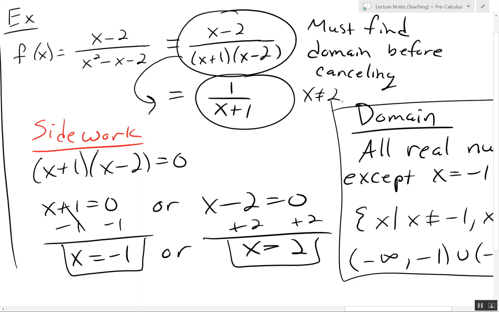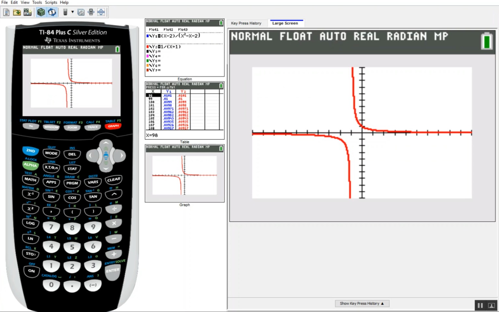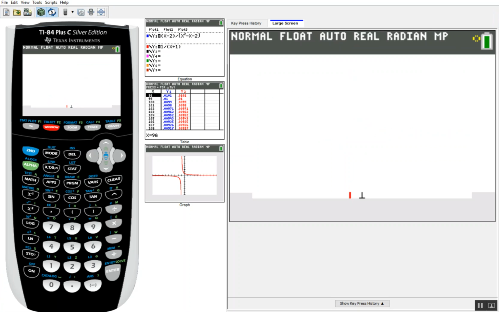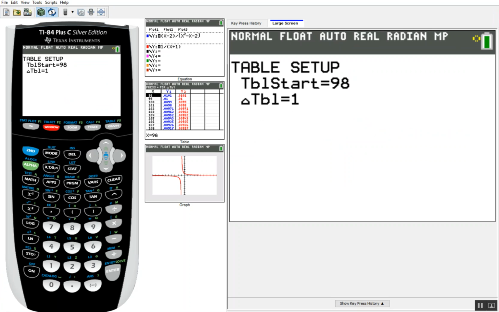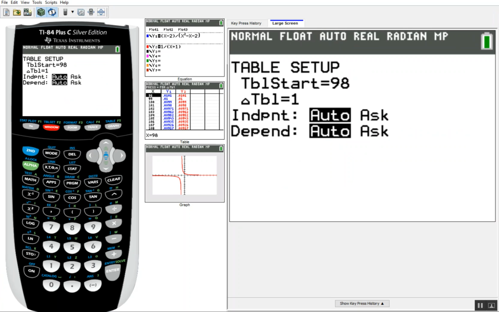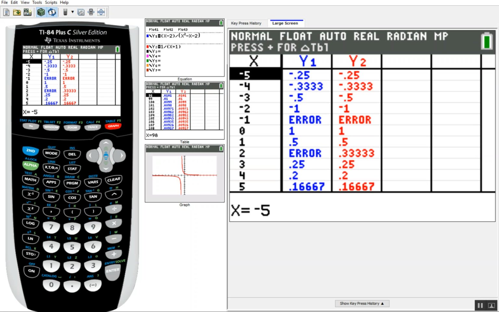And let's see what happens when we go to our table. So let's go to second table set. Let's start at -5 and go by values of 1. Now, going to the table, notice that at -1, we get an error in both functions. Remember that y1 is before the cancellation, y2 is after the cancellation.